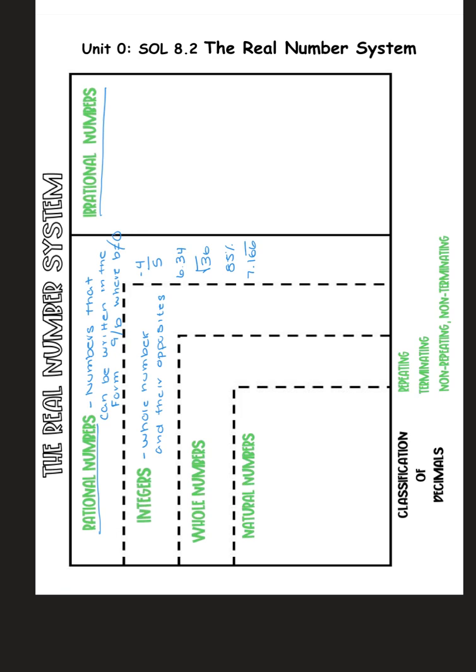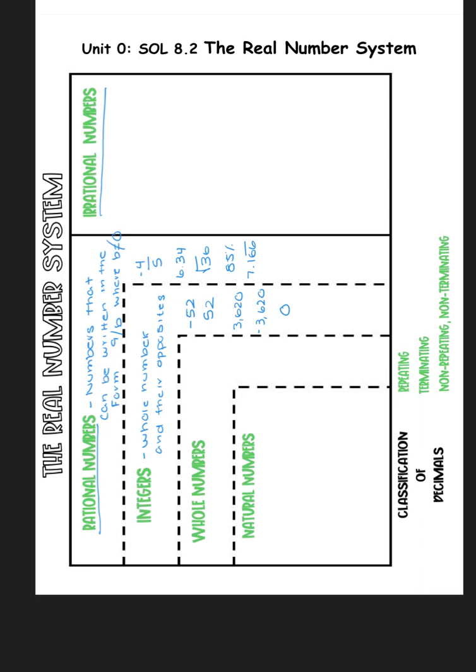So for example, -52 is an integer. We can also say that 52 is an integer. 3,620 is an integer, and its opposite is an integer. And of course, 0. We know that 0 is neither negative nor positive, but it is an integer.